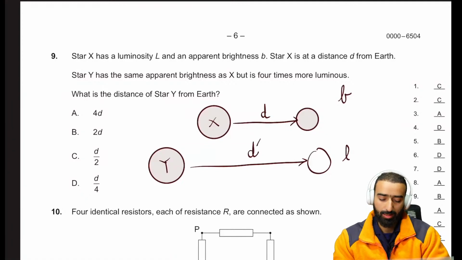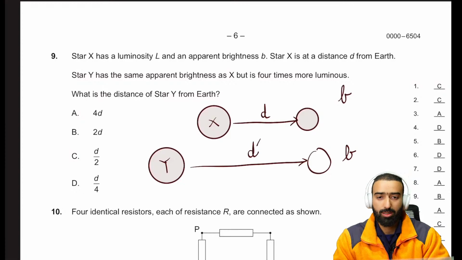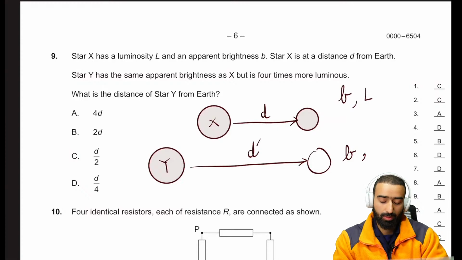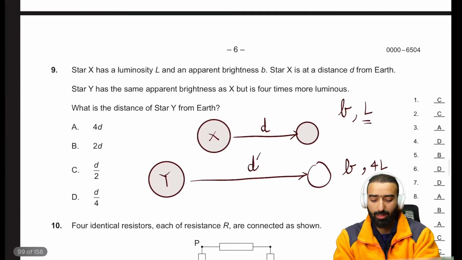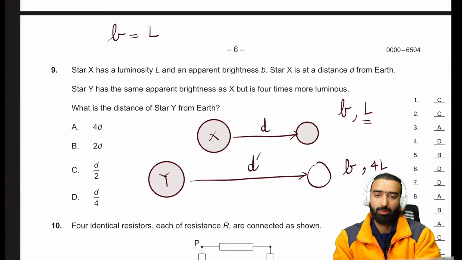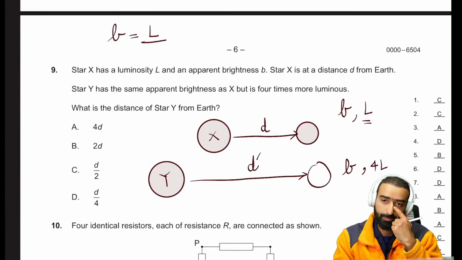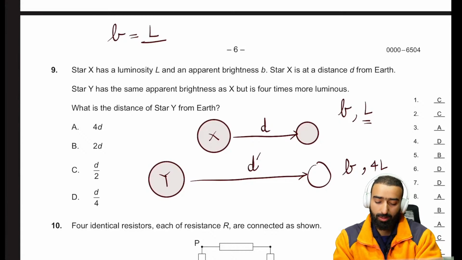So its apparent brightness is the same, but its luminosity is 4 times. If the luminosity of star X is L, the luminosity of star Y is 4L. Okay, so we can write a relationship: brightness equals luminosity divided by 4 pi d square.